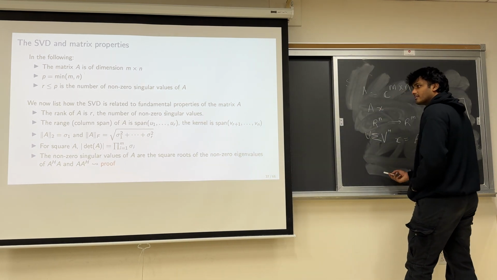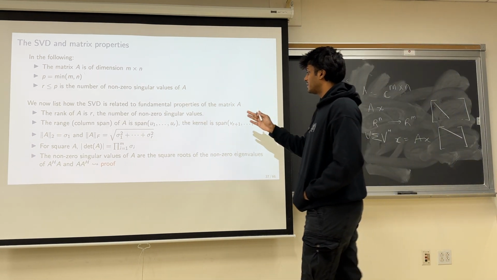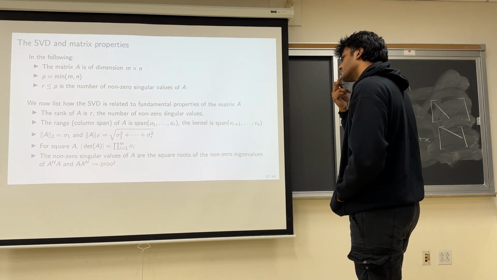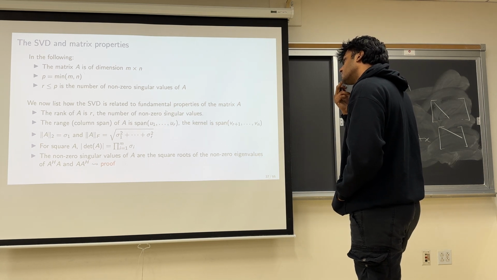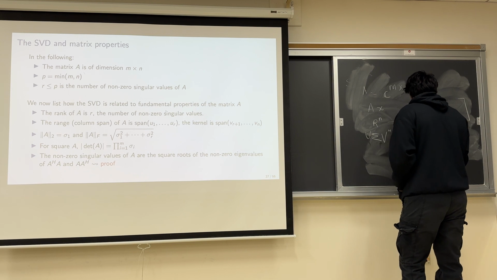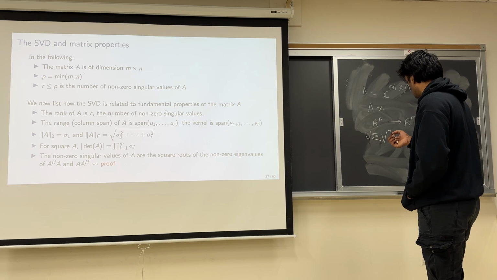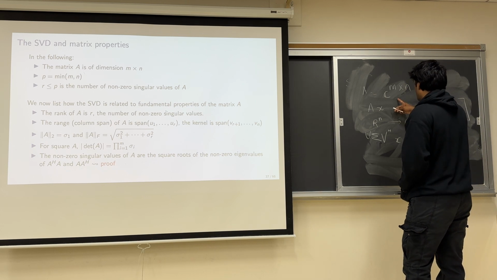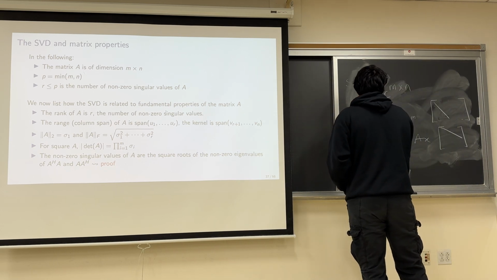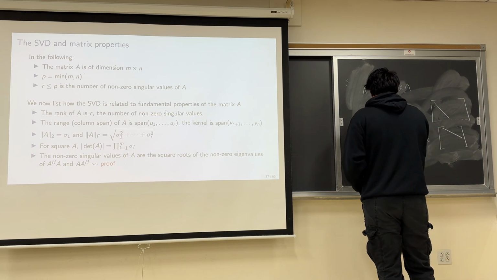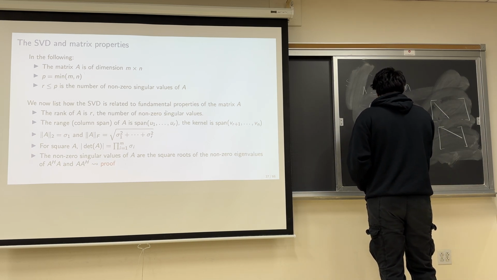So the column space is the span of U, and the kernel is this. Let's see. If A was m cross n, then my U is an m cross m matrix, my sigma is an m cross n matrix, and my V is an n cross n matrix.